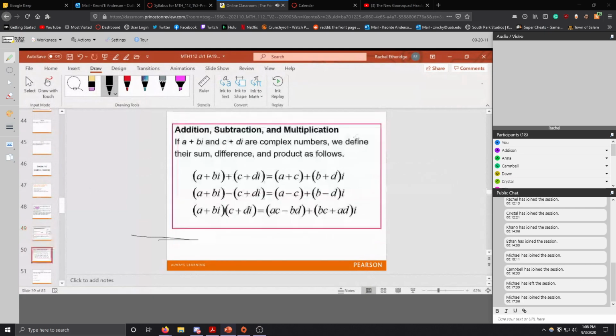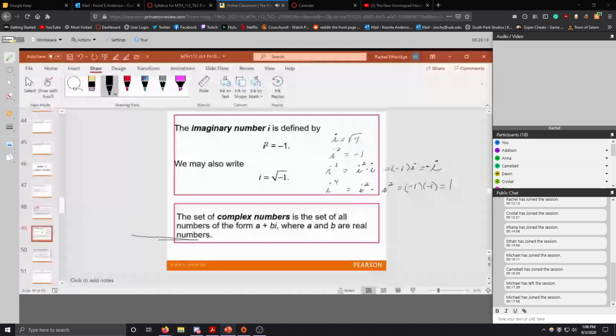So complex numbers have a real part and an imaginary part. So a would be your real part, and then bi here would be your imaginary part because you have the i. So when there's a binomial there, we call those complex numbers, where you have a real part and an imaginary part.